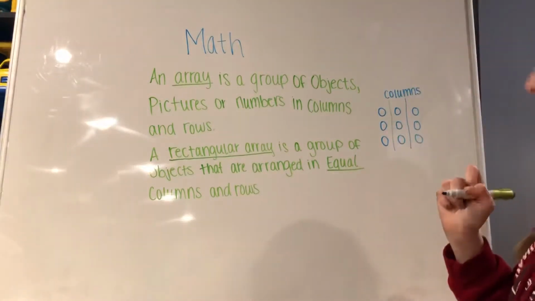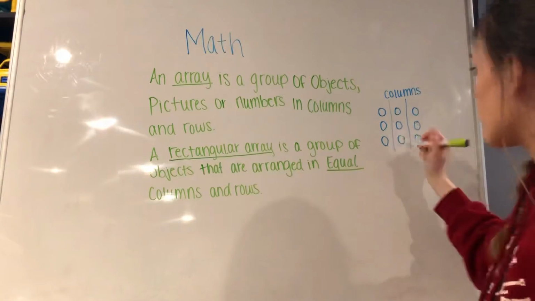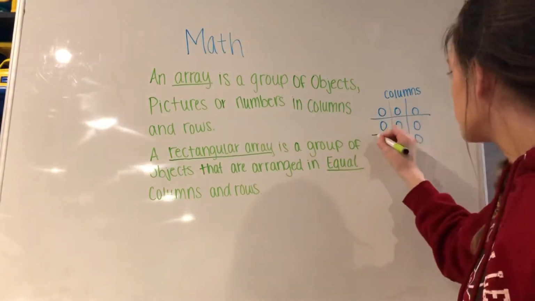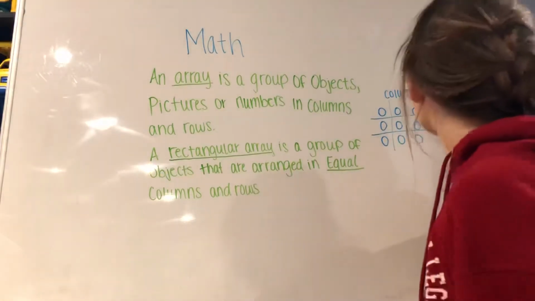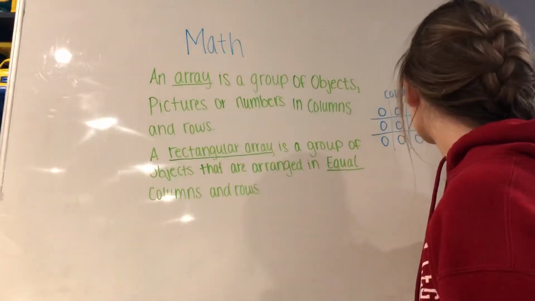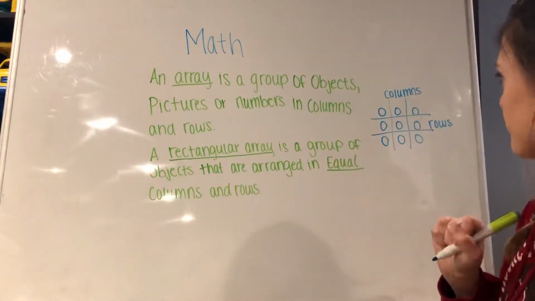Our columns. And these going across from left to right, these are called our rows. Our rows.